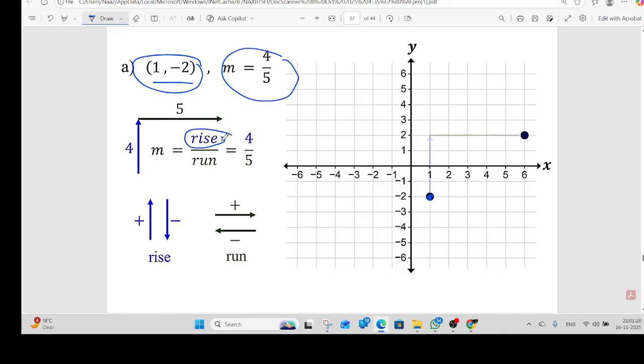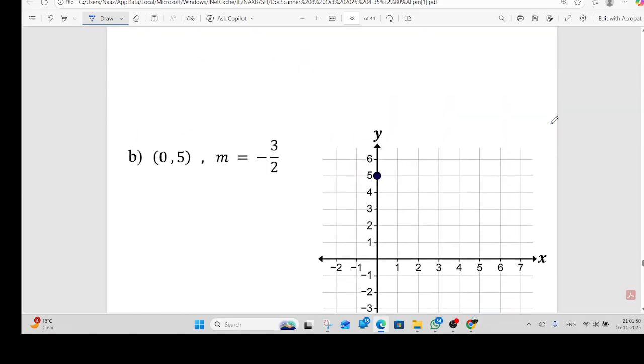That means 4 is my rise and 5 is run. Because they both are positive, I'm going to go upward and right. So from this point I go 4 steps, 1, 2, 3, 4 upward. Then 5 right side, 1, 2, 3, 4, 5. So this is my other point. If I join them, this is my graph, right?